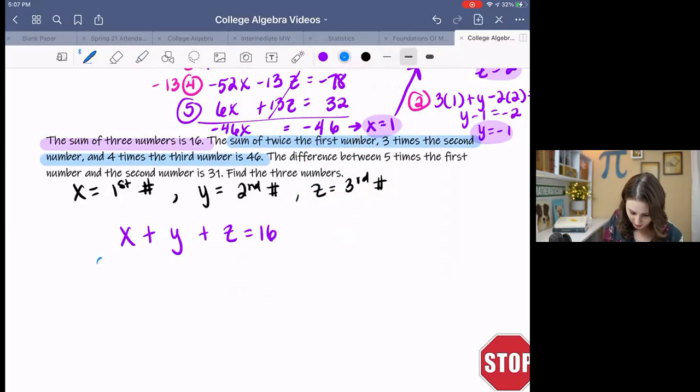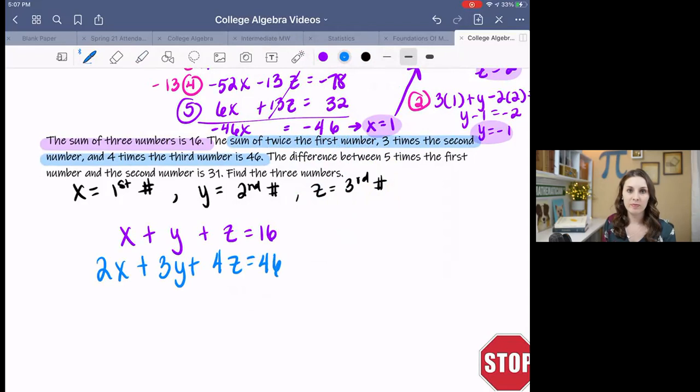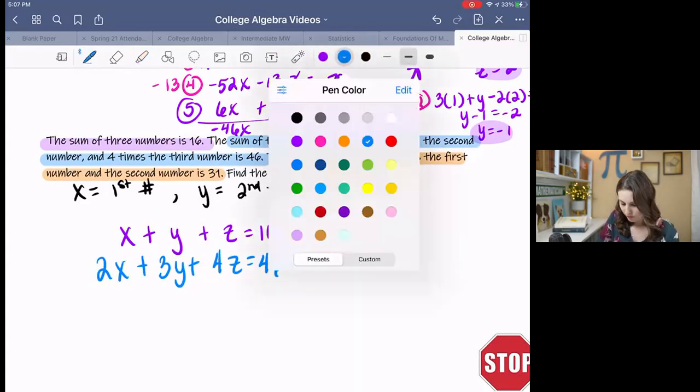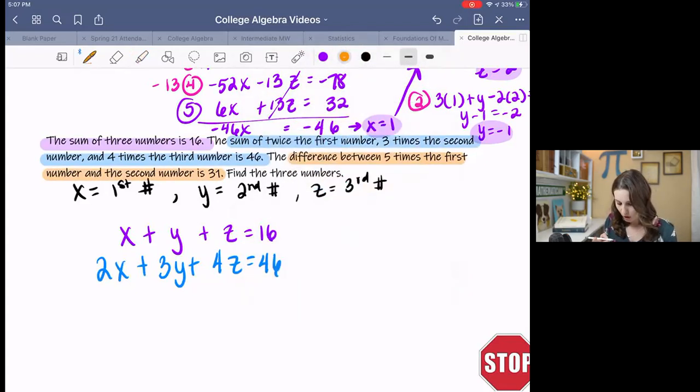So twice the first number, 3 times the second number, 4 times the third number is 46. And then the last one, the difference between 5 times the first number and the second number is 31. The difference means subtract: 5 times the first number minus the second number is 31.